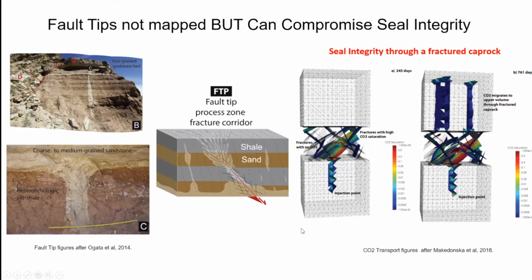And that's part of the work done at Los Alamos National Laboratory. And on the right-hand side, there is work done by that group, a paper by Makedonska, 2018. And here, what they have done is taking CO2, and they have simulated two reservoirs, injecting the CO2 at the bottom reservoir, and having the CO2 flow through a fractured cap rock.